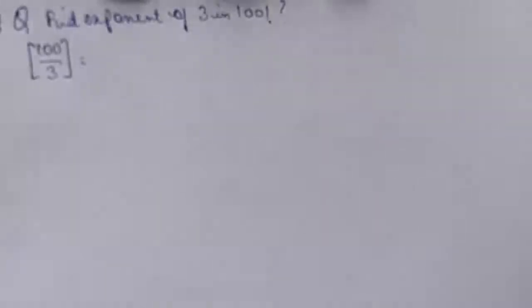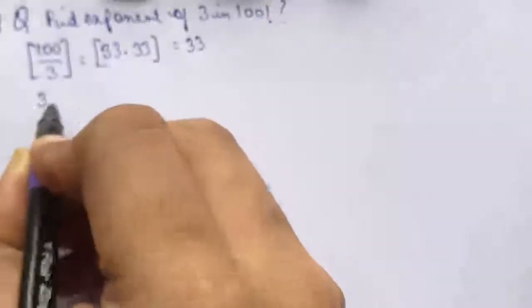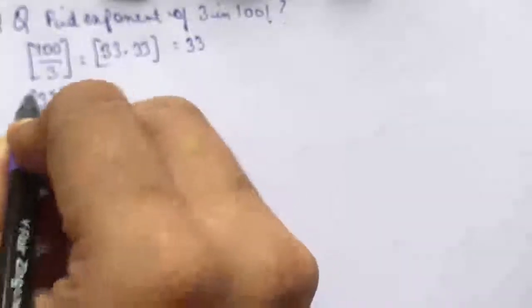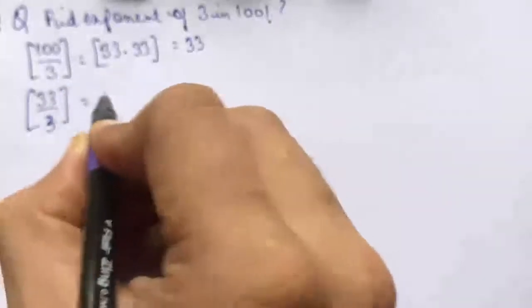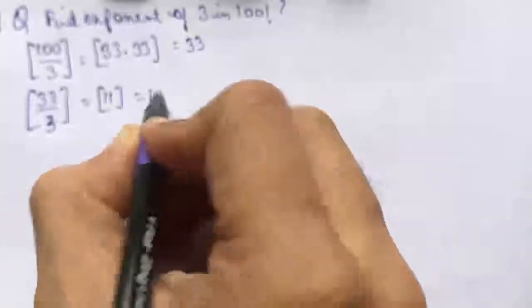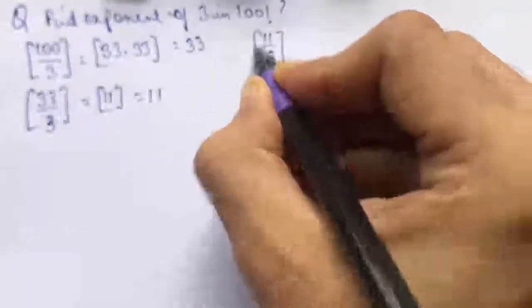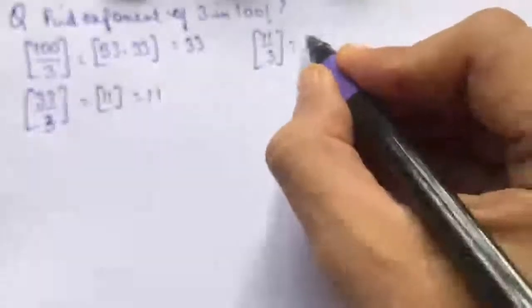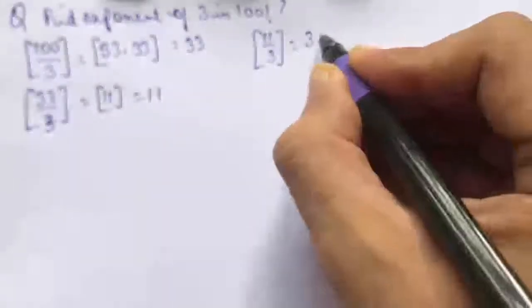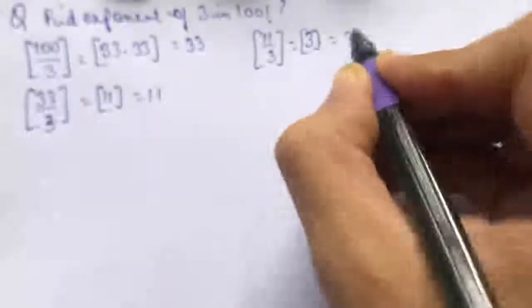So 100 upon 3 is 33.33, and its greatest integer is 33. Then 33 by 3 and its greatest integer will be 11. 11 by 3 and its greatest integer will be 3.